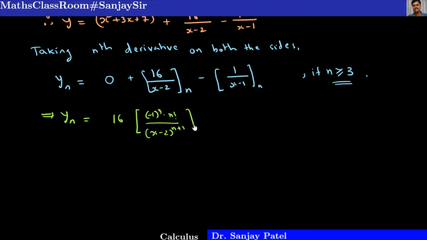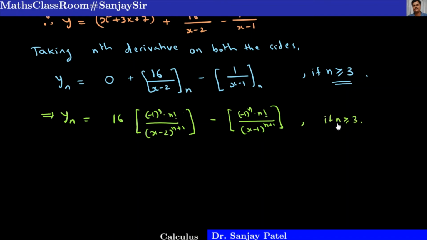According to the formula of the nth derivative of 1 upon x plus b, minus 1 raised to n into n factorial upon, again, x minus 1 raised to n plus 1. So this is the nth derivative of the given function if n is greater than or equal to 3.